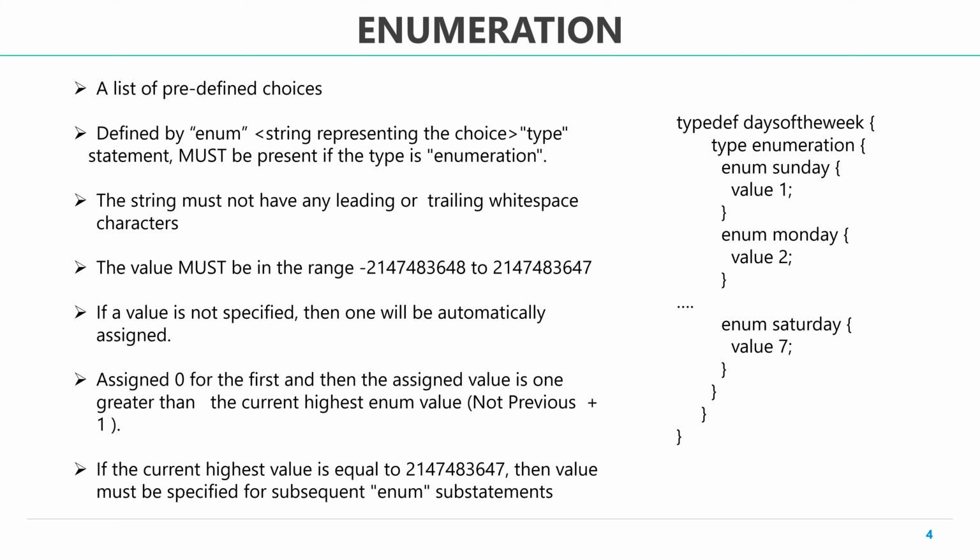So here when a value is not assigned, a value will be automatically assigned by the system under certain conditions. The first enumeration, if it does not have a value assigned, takes the value of 0. After that, the value chosen is 1 greater than the highest value assigned previously, meaning it is not always the previous value plus 1.